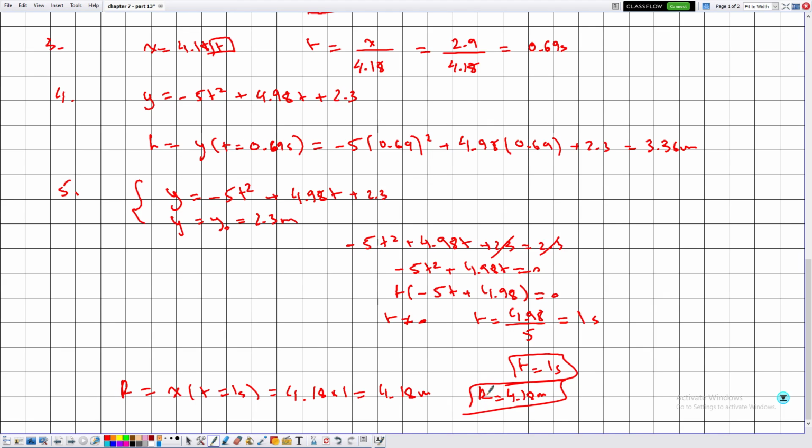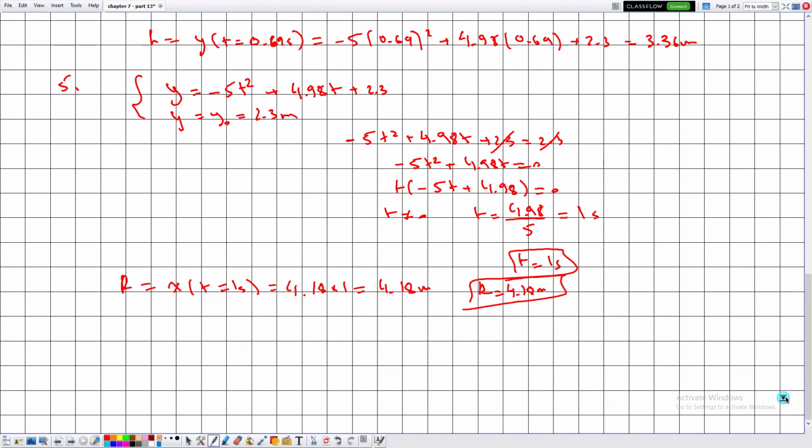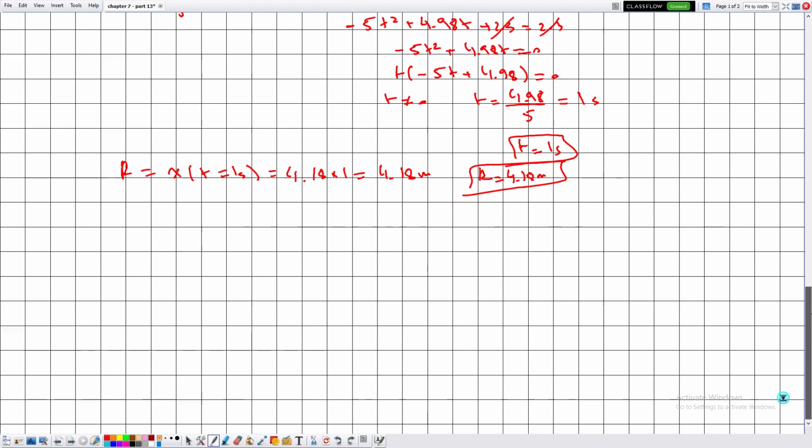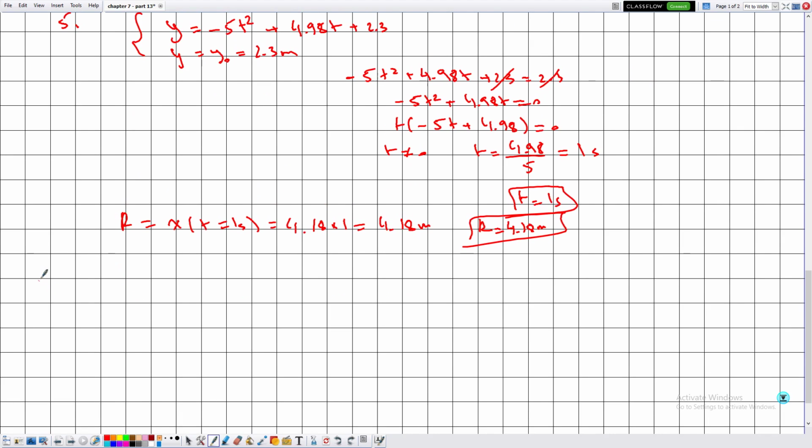Okay. Another way to determine the range is using the formula r is equal to v0 squared multiplied by sine 2 alpha divided by g.